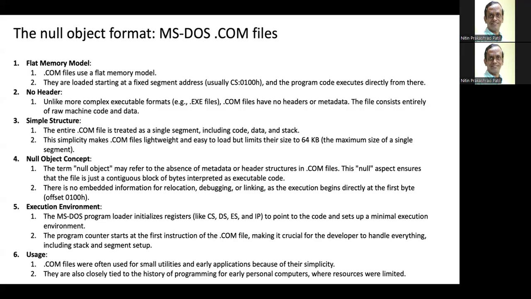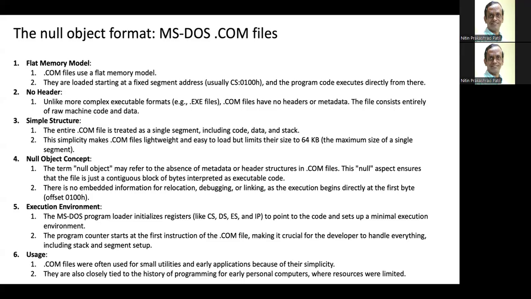There is no embedded information that may be used for relocation, debugging, and linking, which we talked about when we designed our own object format. So these .com files never contain such information, because the execution directly starts from the first byte.